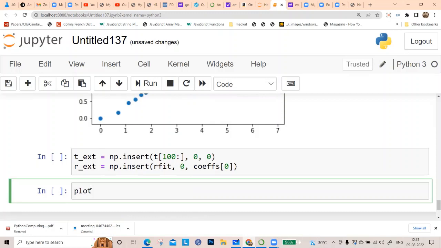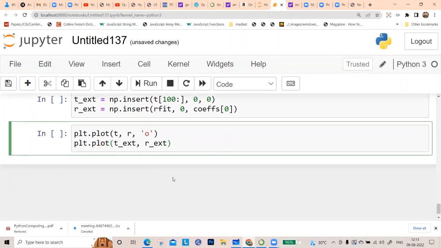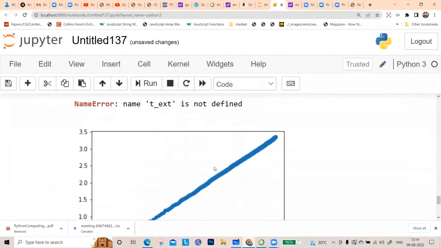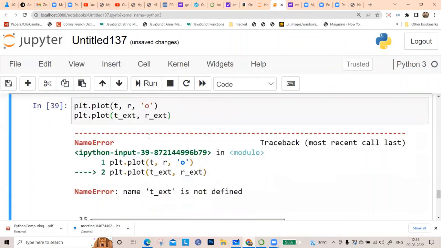So I write plt.plot, T versus R with 0, and plt.plot T extension, R extension, and a line. Not defined. Oh, I've not run it yet.